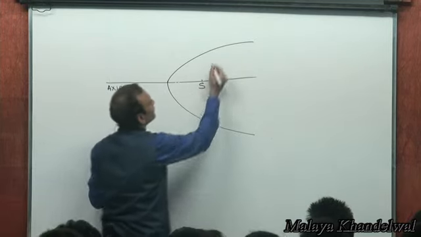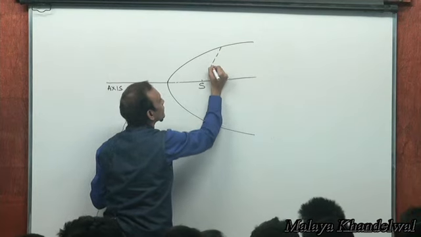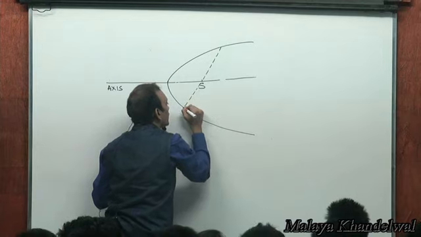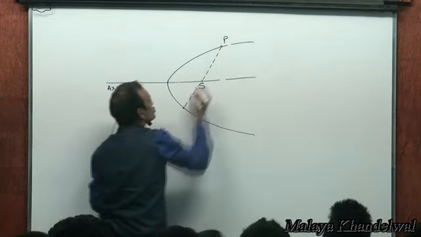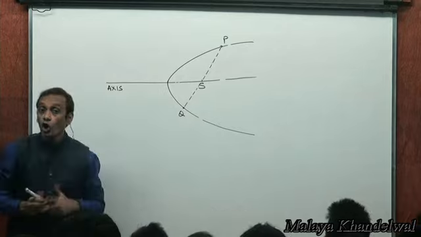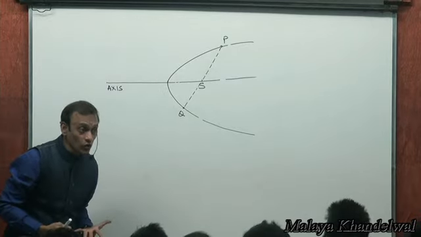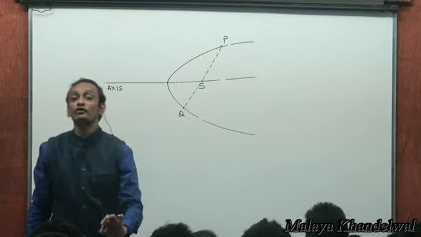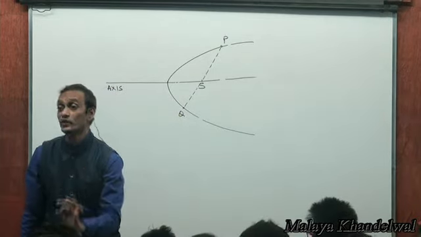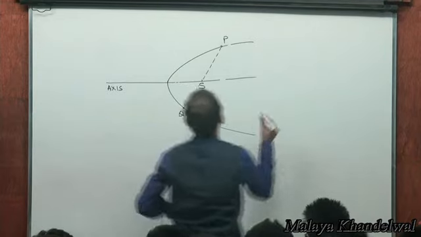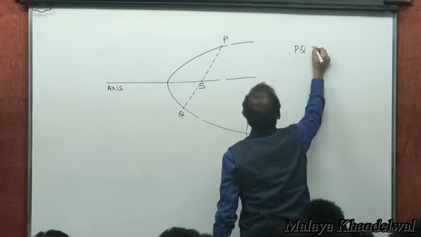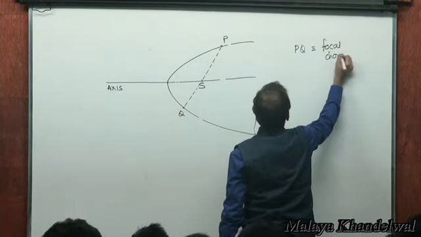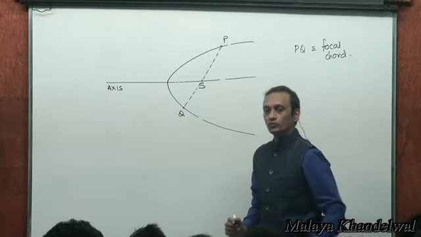Now, for every conic, this is a certain chord that passes through the focus of the conic. This is a chord of the conic which passes through the focus and will be referred to as the focal chord. PQ will be a focal chord of the conic.